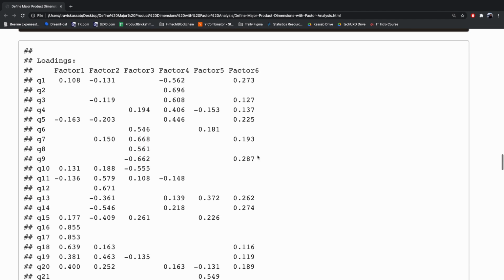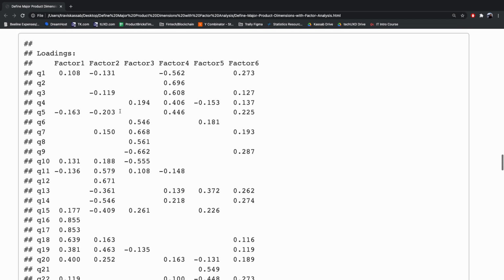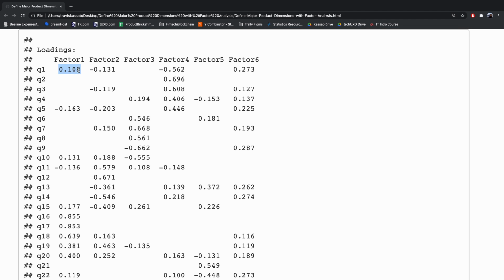And the output shows something called factor loadings. So for each factor, we see the loading of each of the original variables in our data set. So each of the pain points load onto these factors. And the magnitude matters.